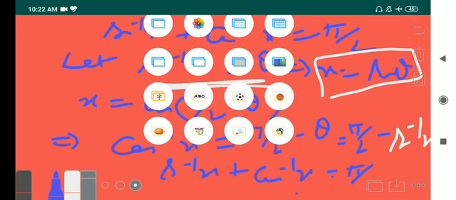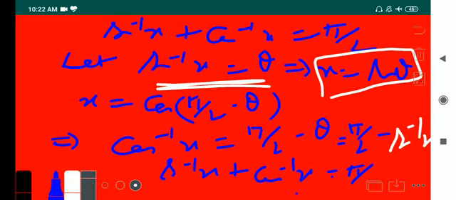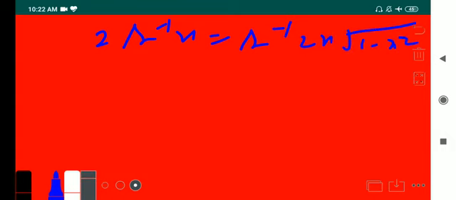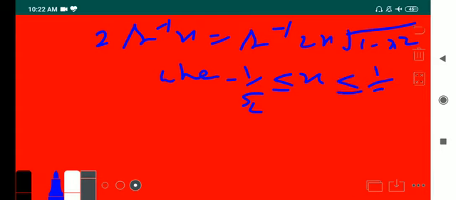So the remaining properties can be derived similarly. We'll solve a few more properties based on this. 2 sin inverse x equal to sin inverse of 2x under root 1 minus x square when x is greater than equal to minus 1 by root 2 and less than equal to 1 by root 2.